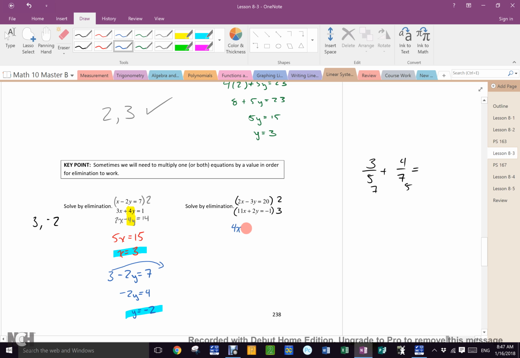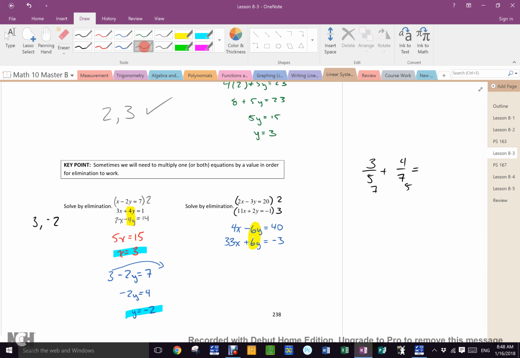4x equals 40. And what does it give me for the second one? 33x plus 6y equals -3. Now, do I have my magic combination?